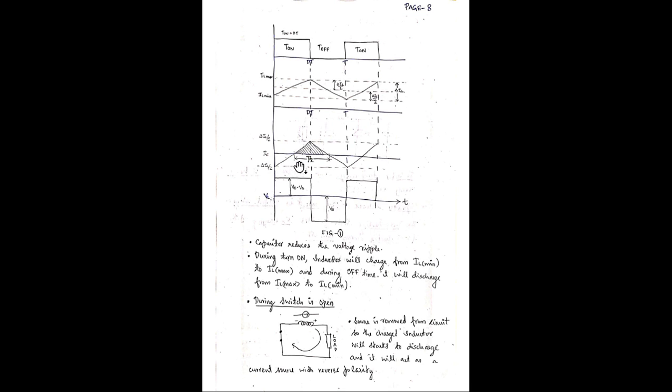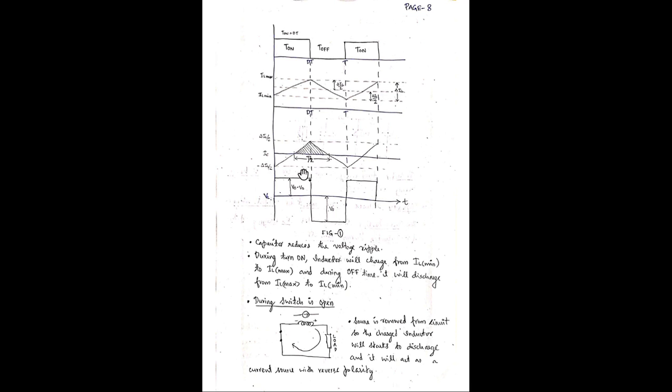Here the capacitor will be charging when the capacitor current is positive. So the charge stored in the capacitor can be found from the shaded area, which is the positive area only, because if the capacitor current is negative it won't count. So the stored charge in the capacitor we can find by seeing this shaded area.